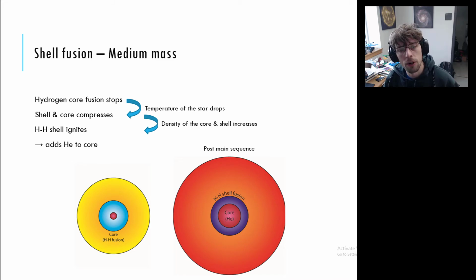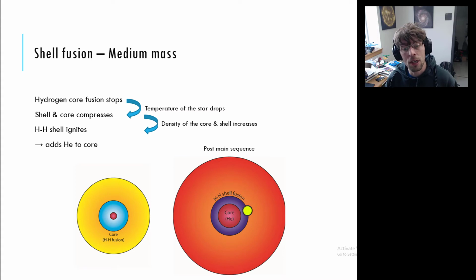The last thing I'll note, you'll say, but wait, Greg, wait a minute. Why do we have this hydrogen-hydrogen shell fusion process occurring? Why doesn't the gas in this hydrogen-hydrogen shell also get dirty? And I say, exactly.